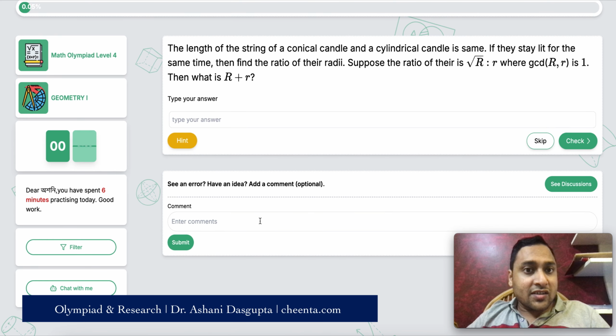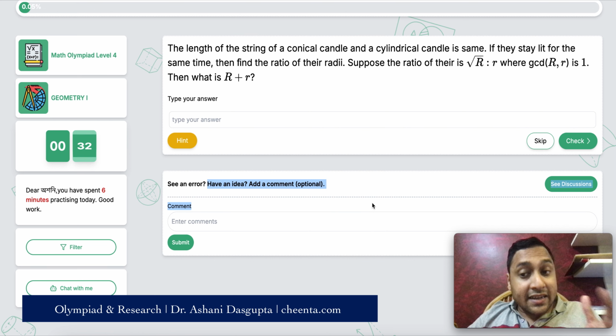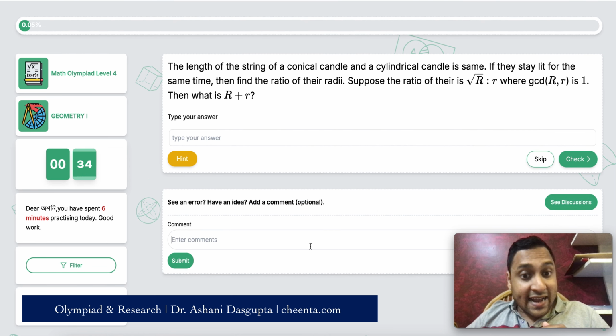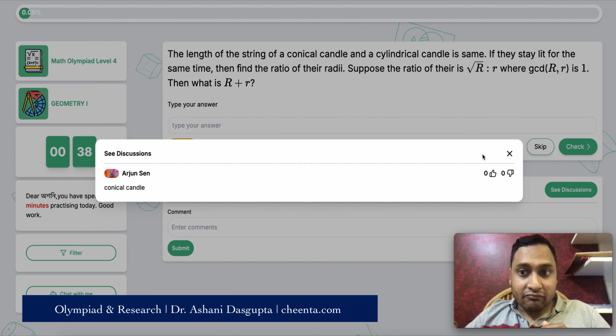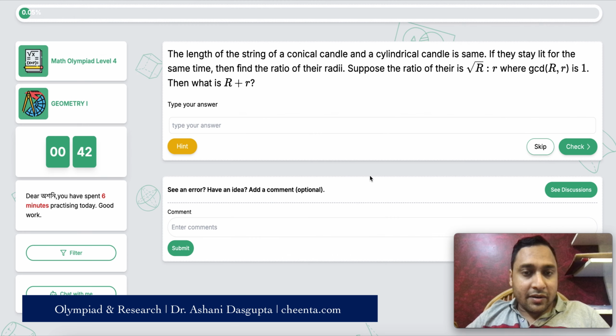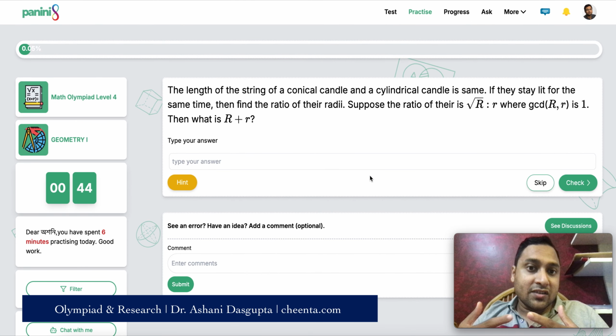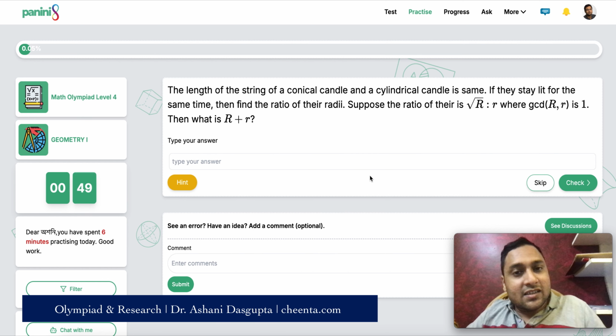Sometimes some of these questions may have some error, which you can post here, or if you have an idea related to this question, you can also post that here. Those will be visible in the discussion panel. So this is just a demo comment, but other comments which are interesting, which are associated with this particular problem, you can post them here.